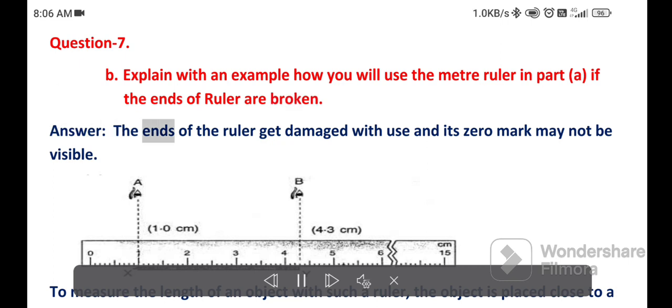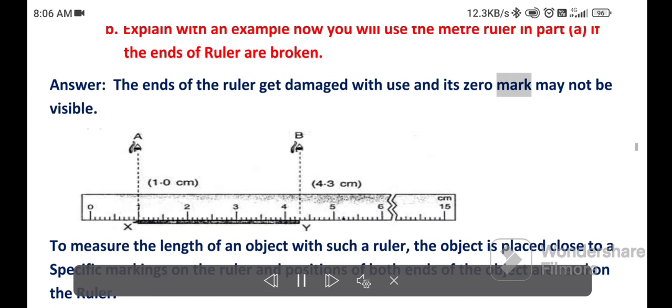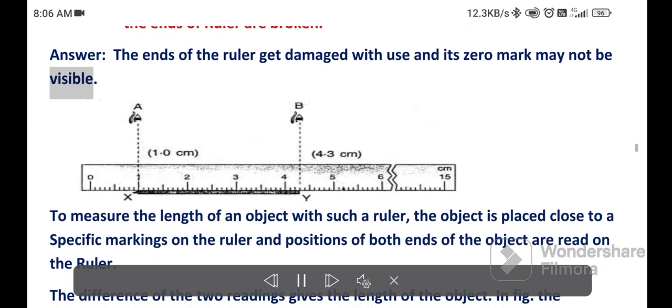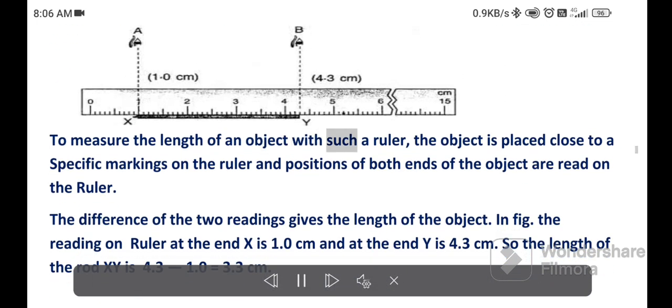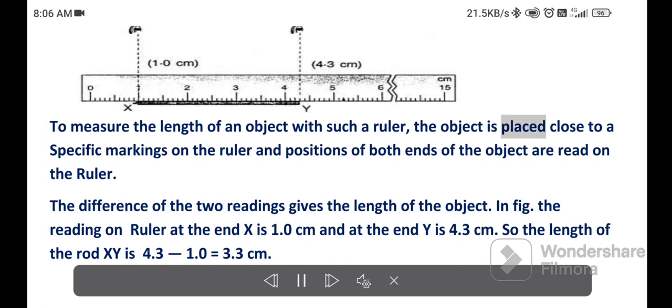Answer. The ends of the ruler get damaged with use and its zero mark may not be visible. To measure the length of an object with such a ruler, the object is placed close to a specific marking on the ruler and positions of both ends of the object are read on the ruler.